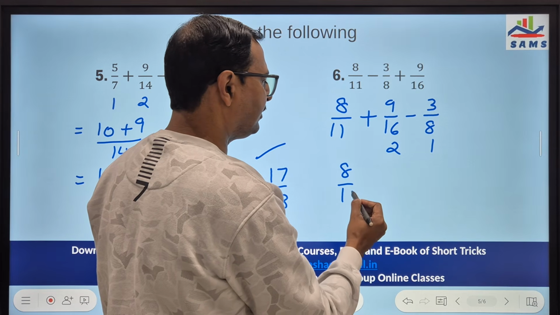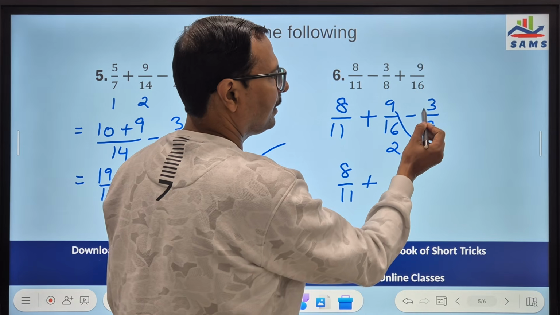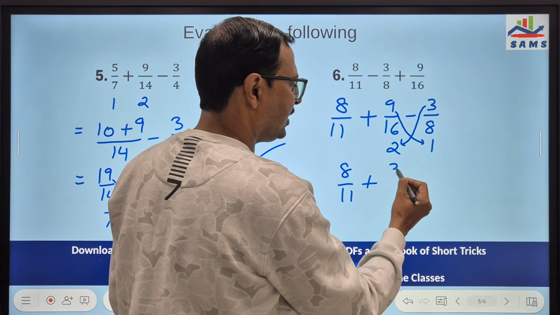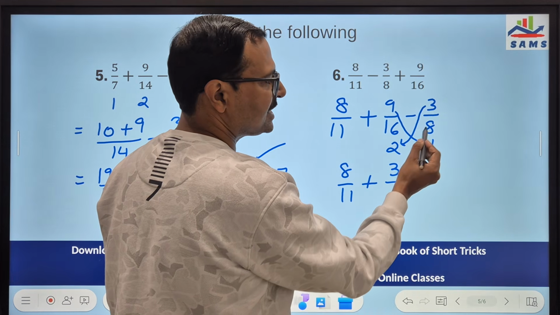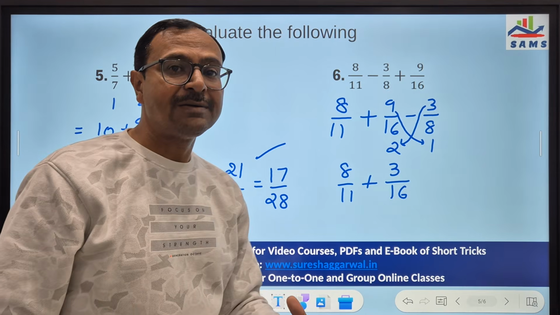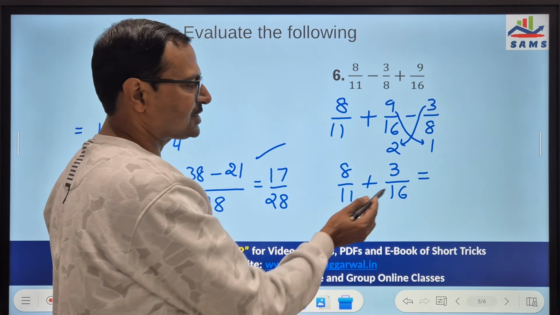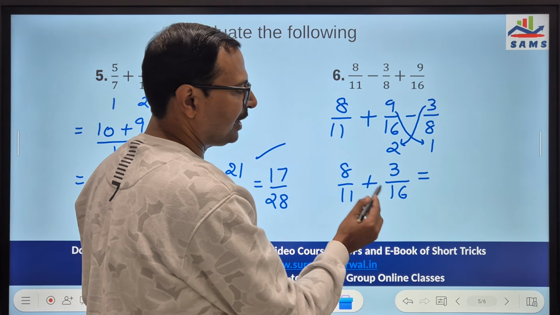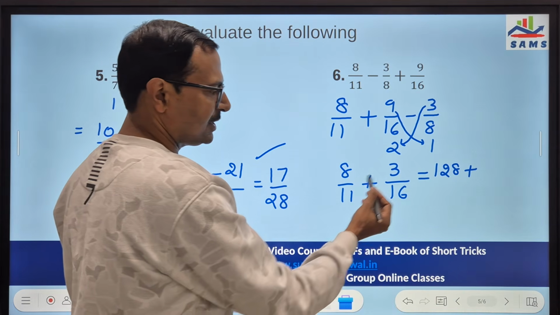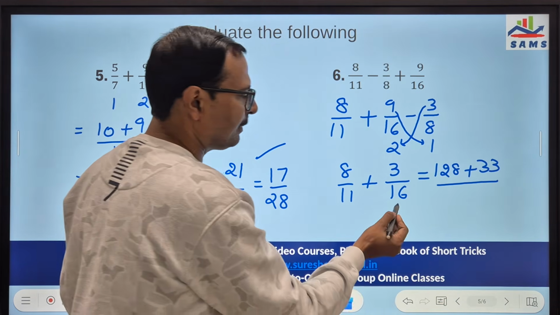So 8 by 11, and then plus, this is 9 minus 6. 9 minus 6, 3 over 16, right? So 16, and now the denominators are co-prime. So you just use the butterfly method, right? So 16 times 8, you have 80 plus 48, 128 plus, this is 33, and in the denominator you have to multiply like this.